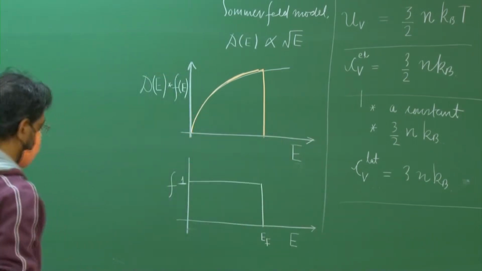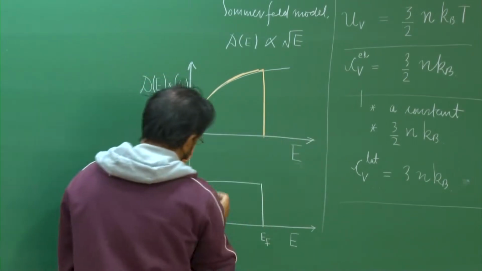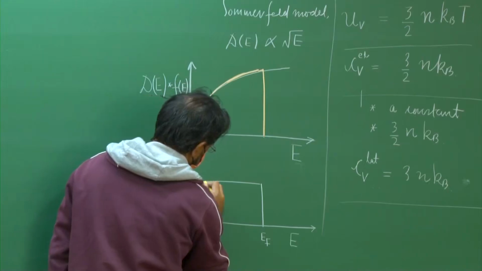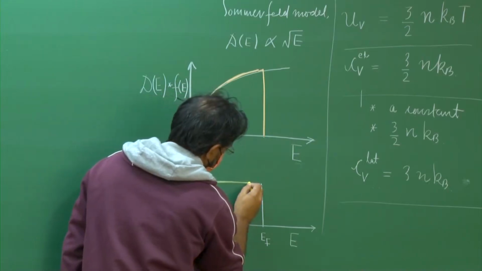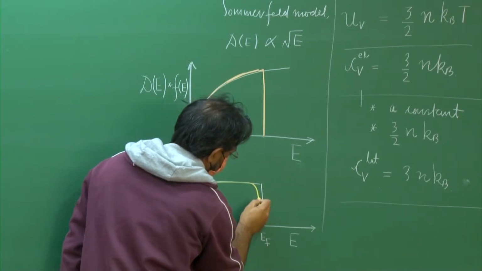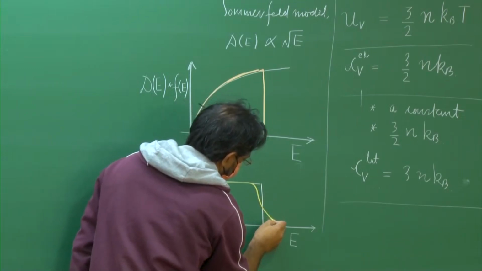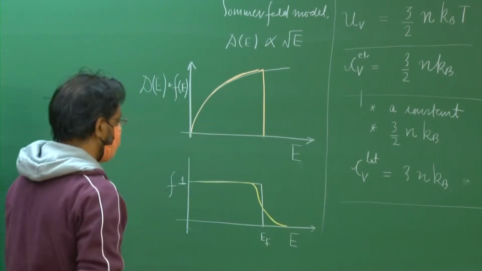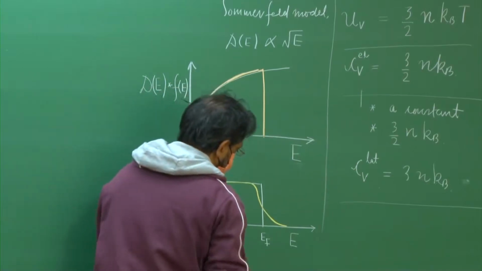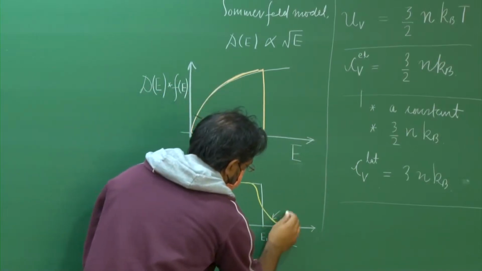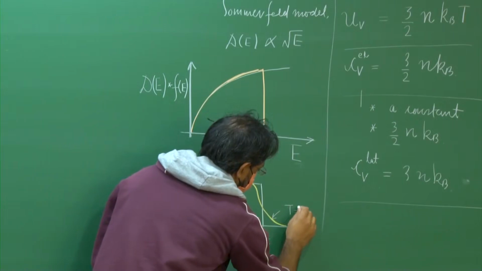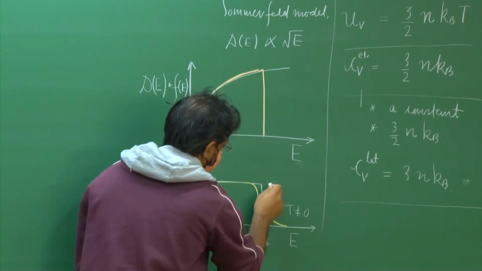Now, at a non-zero temperature, the Fermi function deviates and does something like this. So this is at T not equal to 0, and this is at T equal to 0.